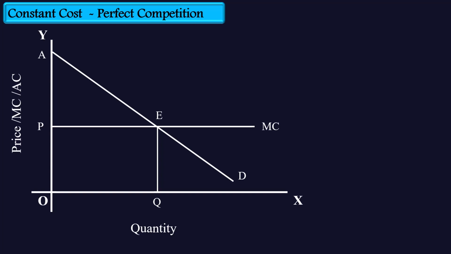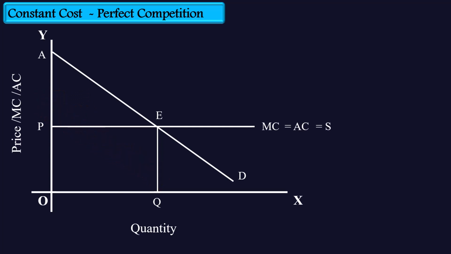It is MC. It is flat and horizontal because of constant cost. Its average cost curve coincides with it. Remember, it is the supply curve now. The two curves intersect at point E. P is the equilibrium price. Q is the equilibrium quantity.